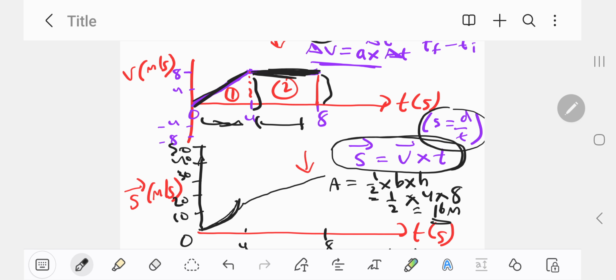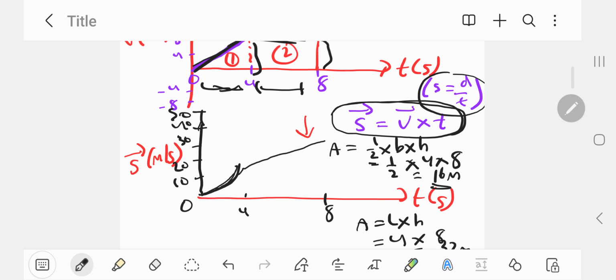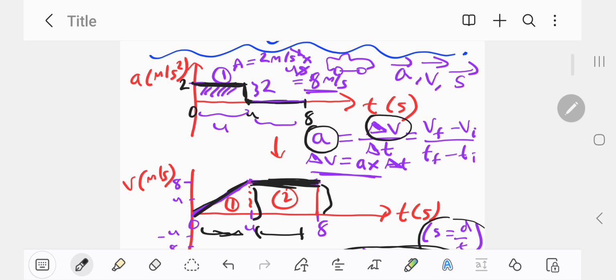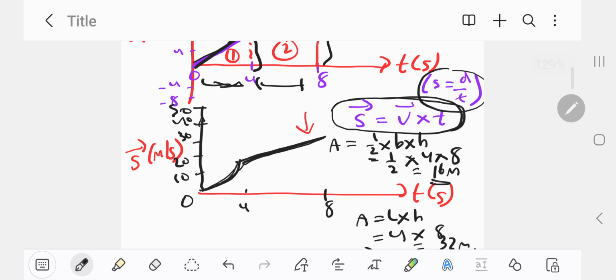If you're accelerating, you're covering an unequal amount of ground in every segment of time, let's say a couple of seconds apart. However, from 4 to 8 seconds, your velocity is constant and your acceleration is 0. If your velocity is constant, your change in position over time is constant. You're traveling at the same speed, you're covering an equal amount of ground, and that's how you do that.